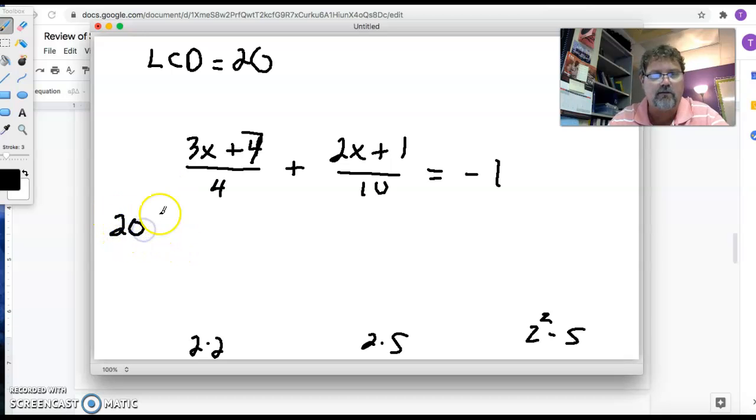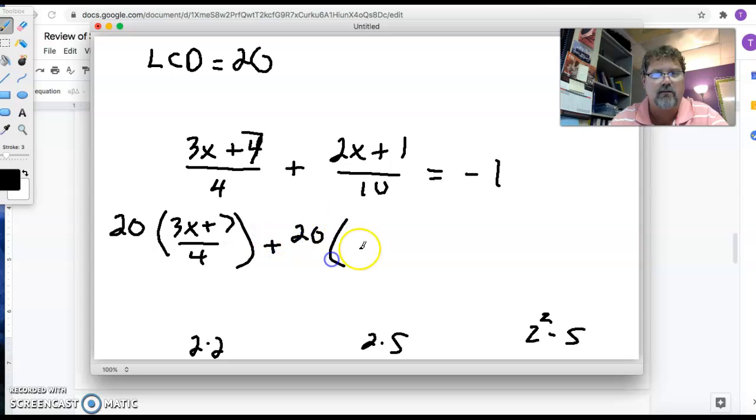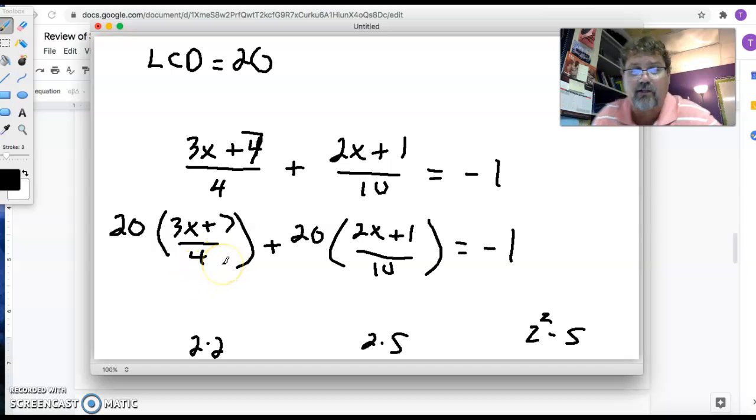So 20 times (3x plus 7) over 4 plus 20 times (2x plus 1) over 10, and that's equal to -1. What's going to happen here is you divide that 4 into the 20, because this is actually becoming 20/4, which is a 5.